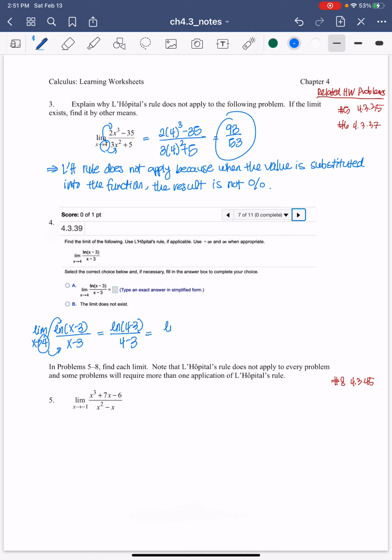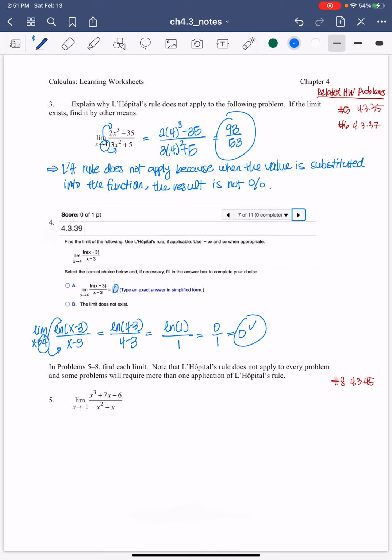So that is ln of 1 over 1. ln of 1 is 0 over 1, which is 0. So this one, same thing happened with number 3. L'Hopital's rule does not apply because when the value is substituted into the function, we do not get 0 over 0. We get 0. So therefore, the final answer is 0.